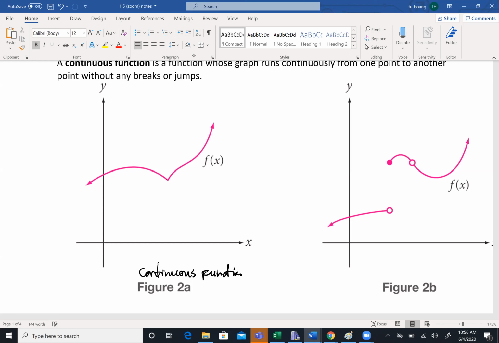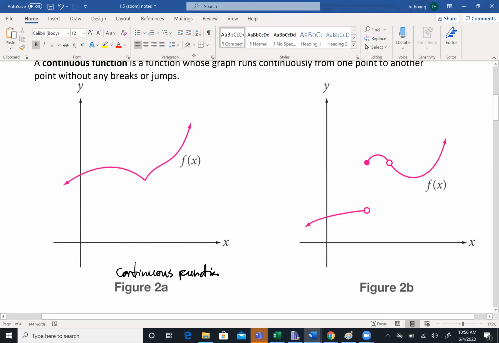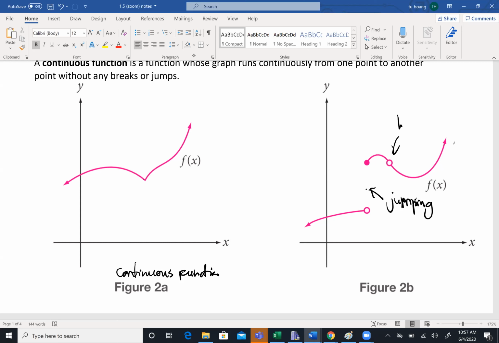For the second figure, you can see easily that there is a jump from the left part to the right part. At this point, I can right away say it is not continuous. At the second part here, there is a hole, which is like a break of a function.